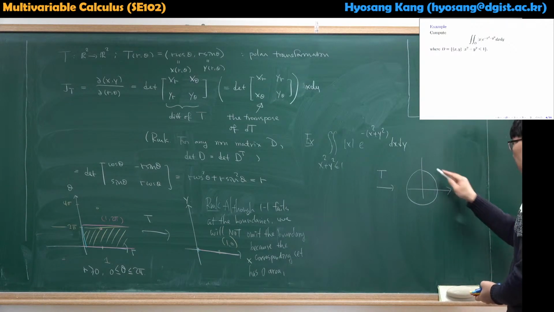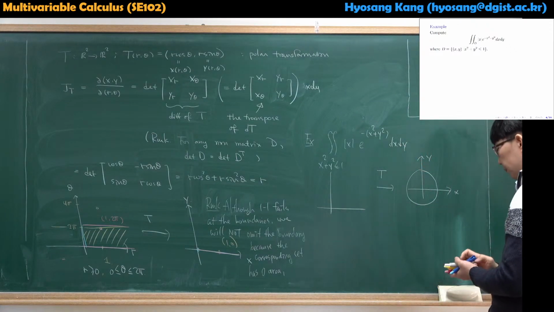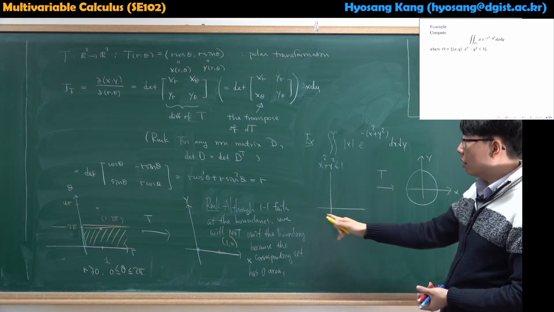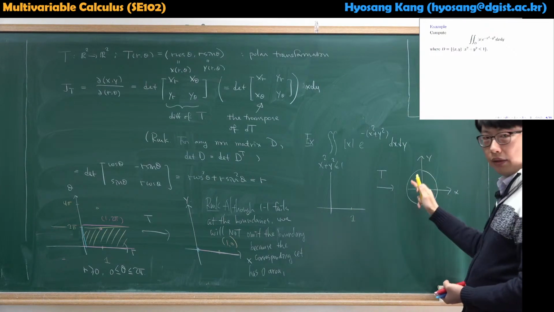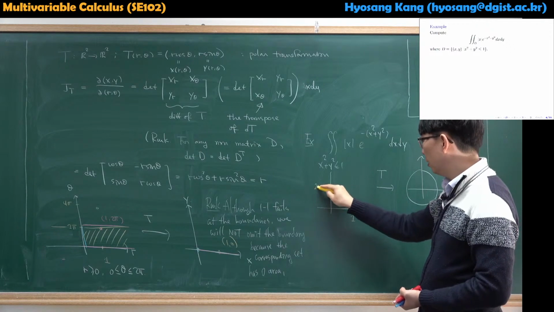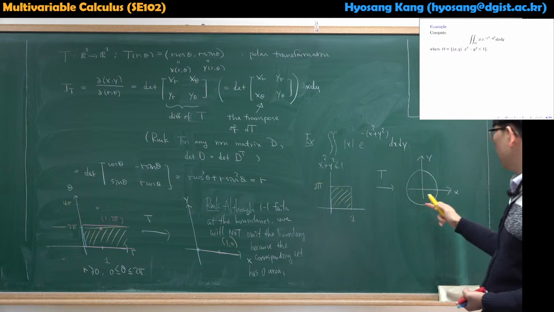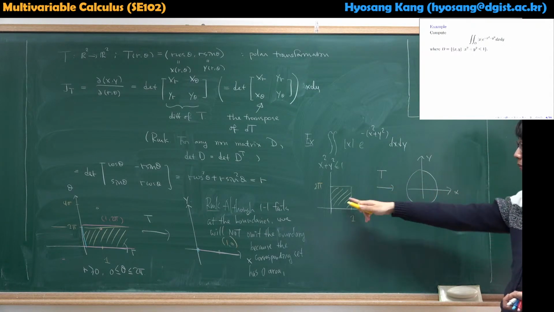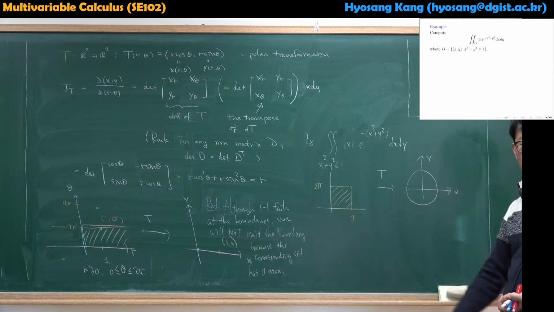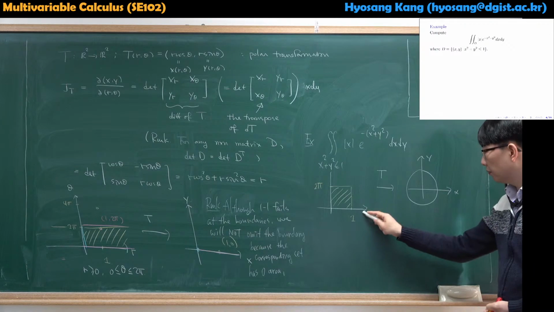So we have xy here. When I use polar coordinates, my r is from 0 to 1, and my theta is from 0 to 2 pi. So the entire set of points inside of this unit circle is mapped into this rectangular region inside of the r theta plane.